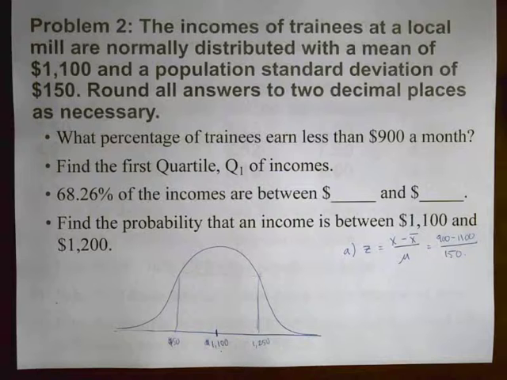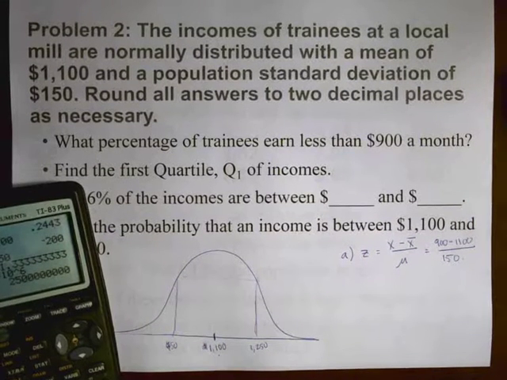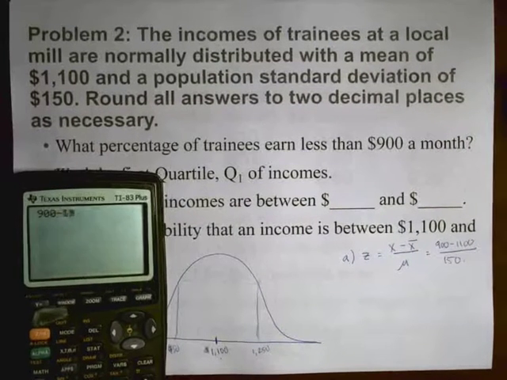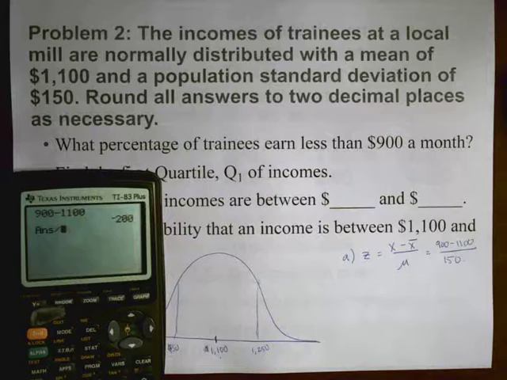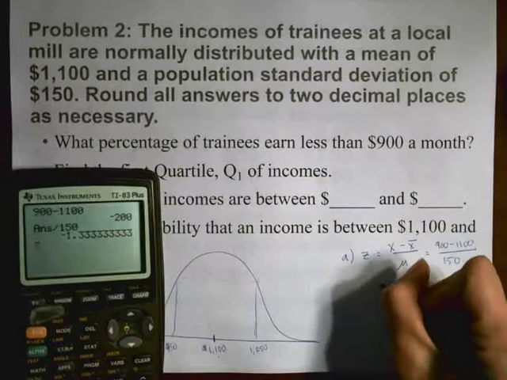When we did that on the calculator, we got that the z-score is negative 1.33.